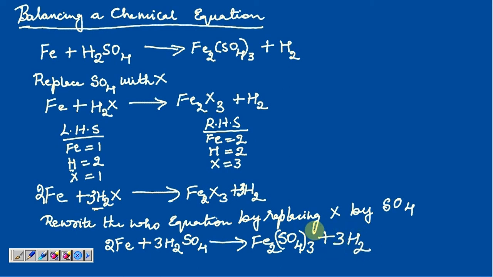So the whole equation is balanced. You have iron with sulfuric acid, which gives iron sulfate plus 3 hydrogen molecules. So this equation is balanced now.